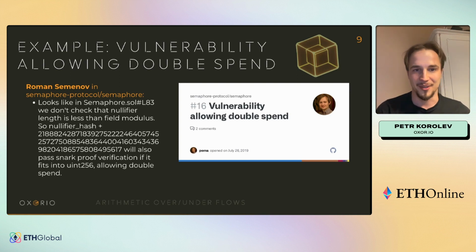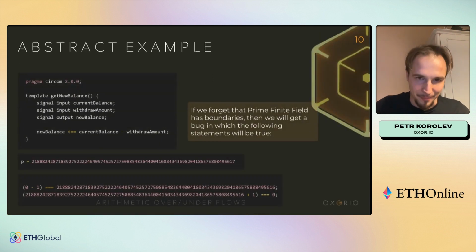That happens because in Solidity you use a field of 2 to the power of 256, and most ZK circuits work on BN254. When you just port numbers to the circuits, you get a classical overflow issue. This bug affected more than 10 working projects at that time. It happened in 2019.